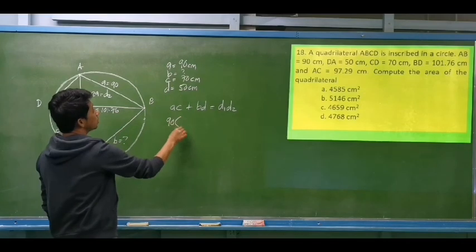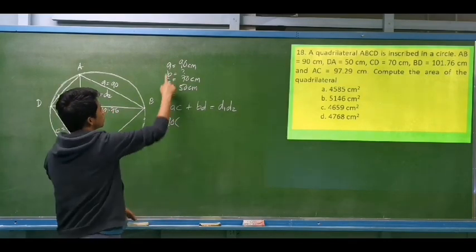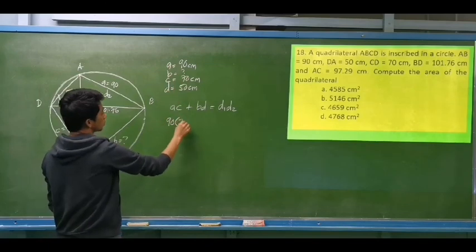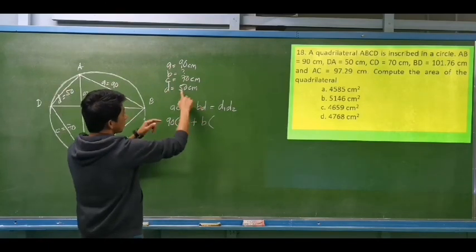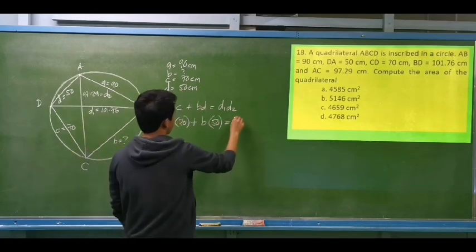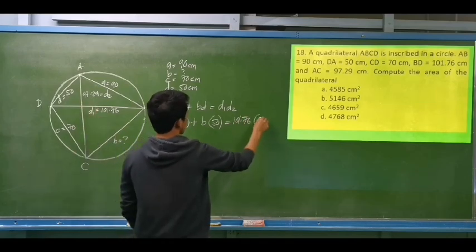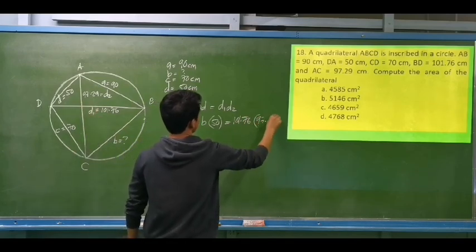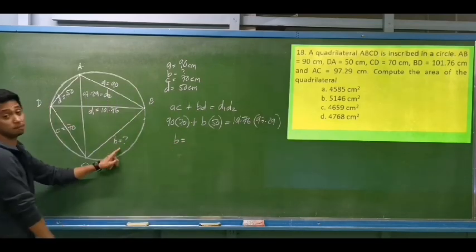This is 90, side B, side C, wala? So, we have side A is 90, side C is 70, plus side B, unknown, side D, binigay na 50, equal to diagonal number 1 is 101.76. Diagonal number 2 is 97.29. So, makuha natin dito yung side B.